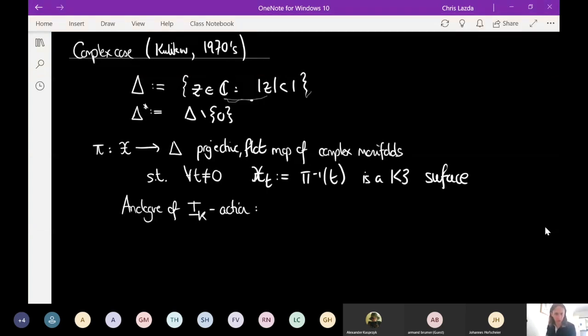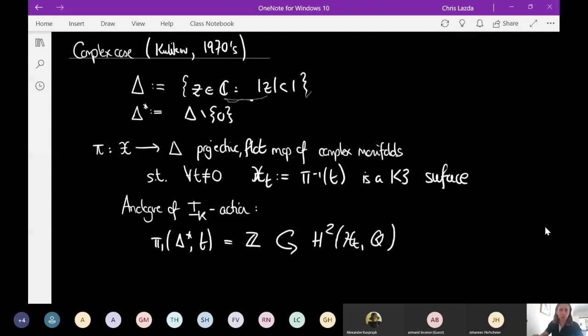So if I look at the fundamental group of delta star at some base point t, this is just a copy of Z, and this is going to act on the second singular cohomology group of the fiber over my point t.